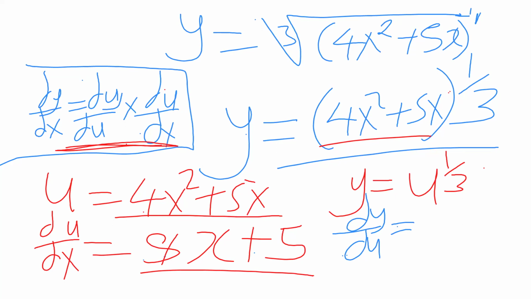So you drop the power, it will still be 1/3 u to the power negative what? Negative 2 over 3, right? When you deduct 1, like you say 1/3 minus 1, what do you find? You find negative 2/3.